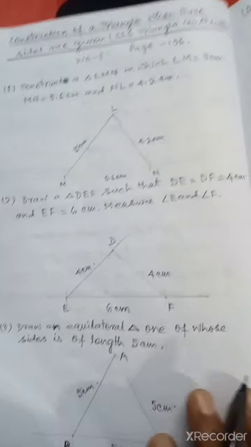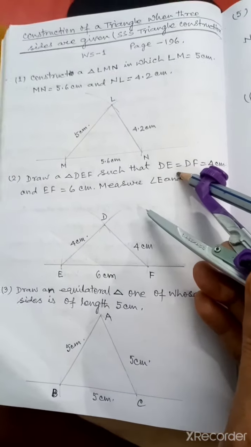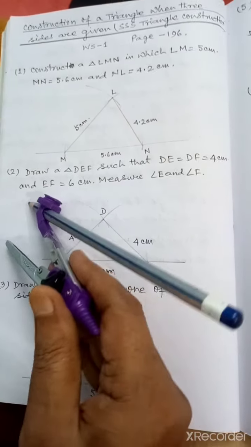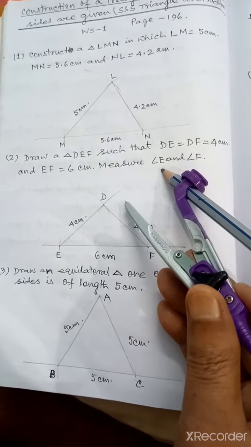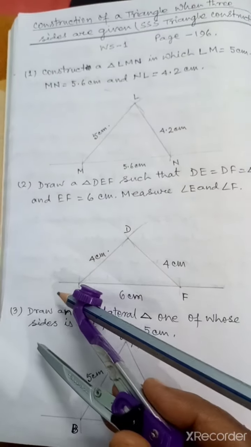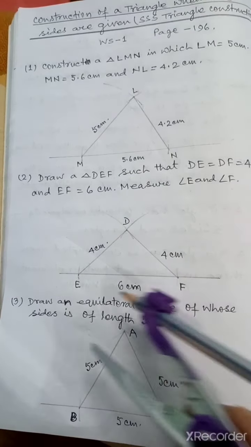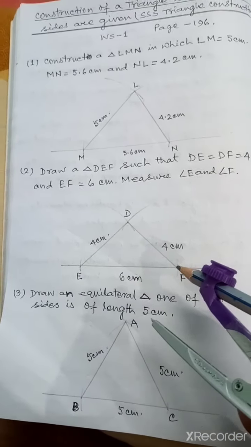Now question number 2. Construct triangle DEF such that DE equal to DF equal to 4 centimeter and EF equal to 6 centimeter. Measure angle E and angle F. Now draw a line and cut EF equal to 6 centimeter.